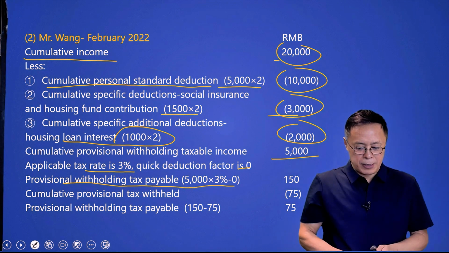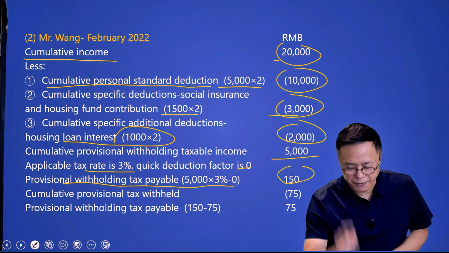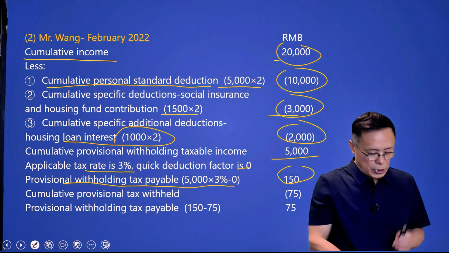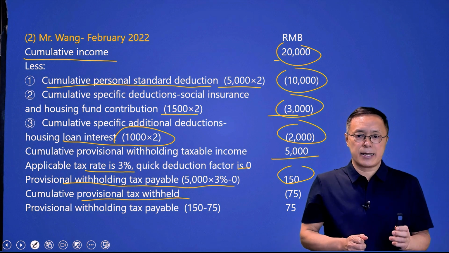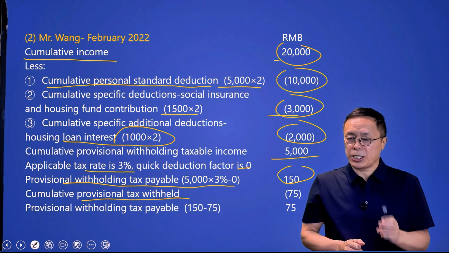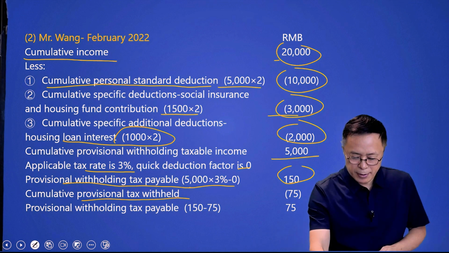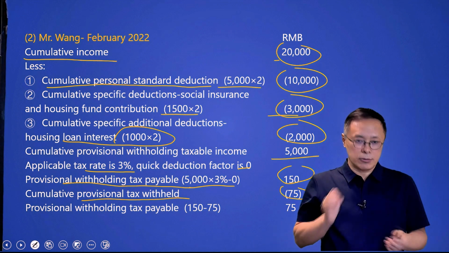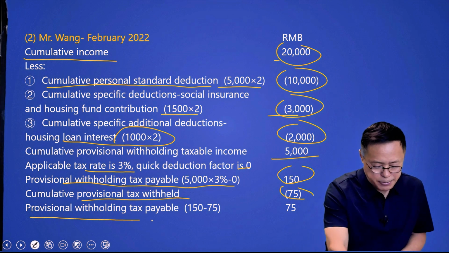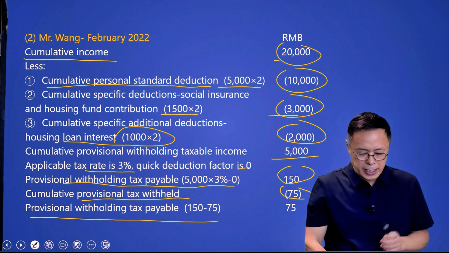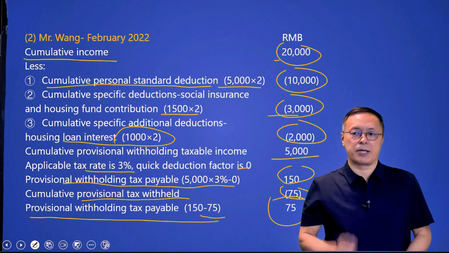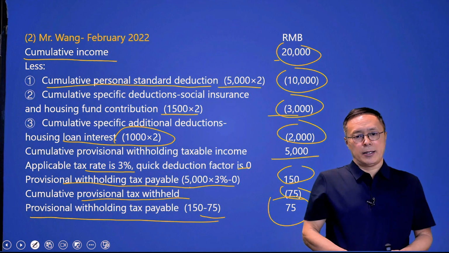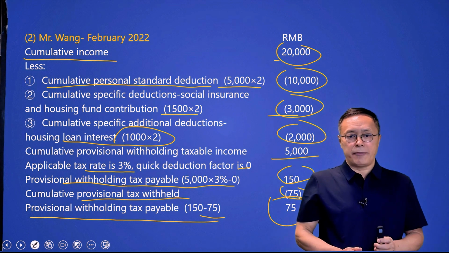So, provisional withholding tax payable equals 5,000 times 3% minus 0, which is 150. Cumulative provisional tax withheld is the tax that has already been withheld in January. We know that it's 75. So, provisional withholding tax payable equals 150 minus 75, which is also 75.